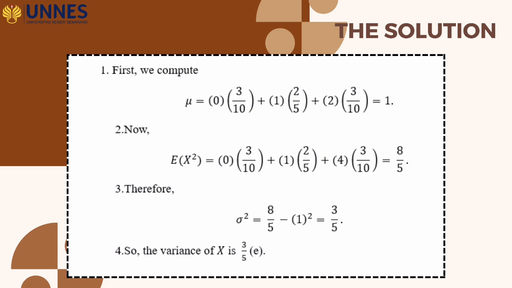And now E[X squared] equals 0 times 3/10 plus 1 times 2/5 plus 4 times 3/10, and the result is 8/5. Therefore, sigma squared equals 8/5 minus 1 squared, which is 3/5. So the variance of X is 3/5.